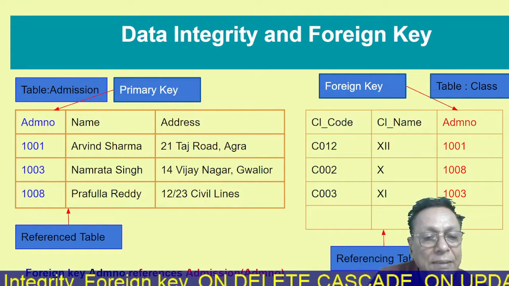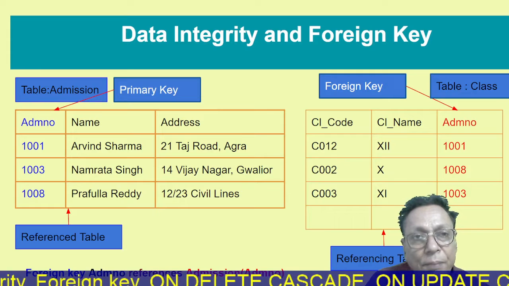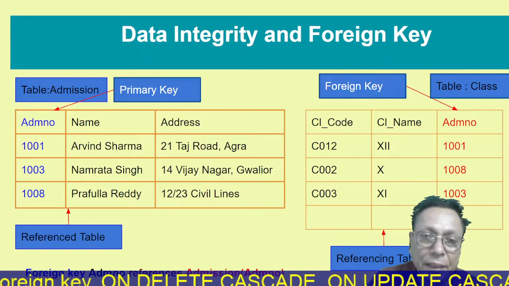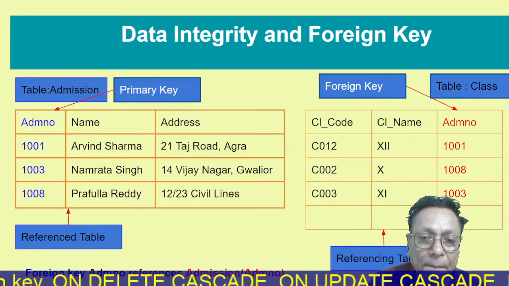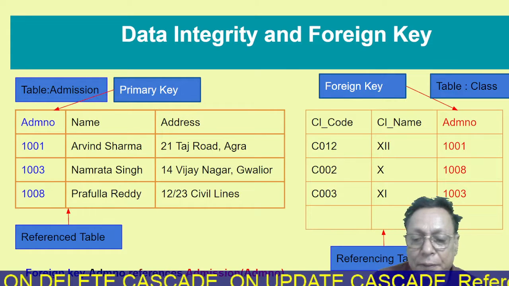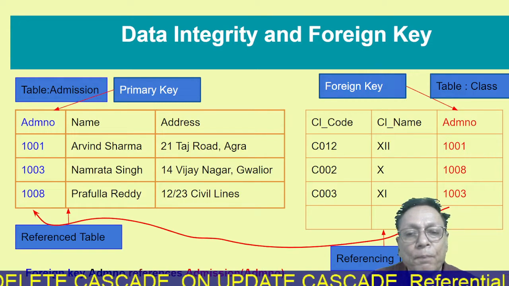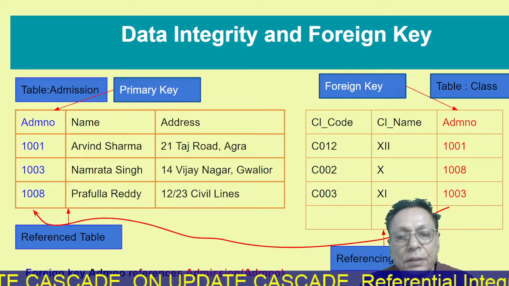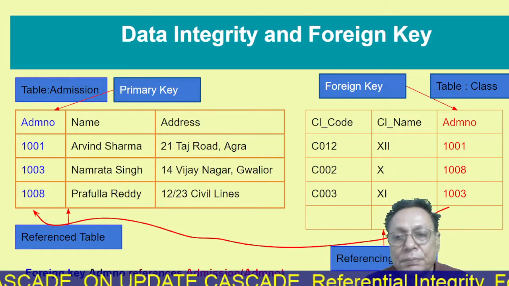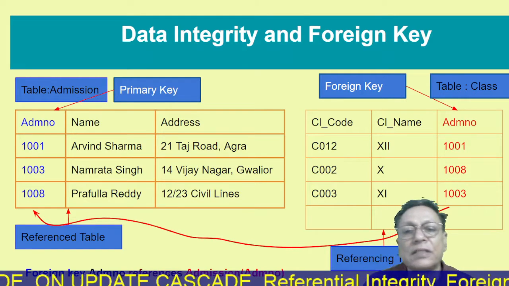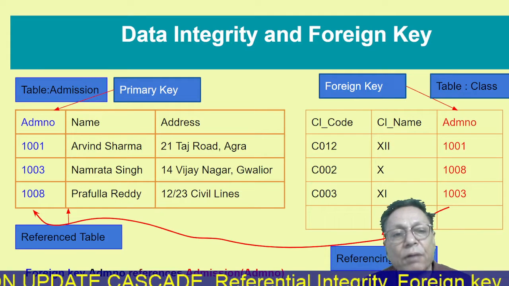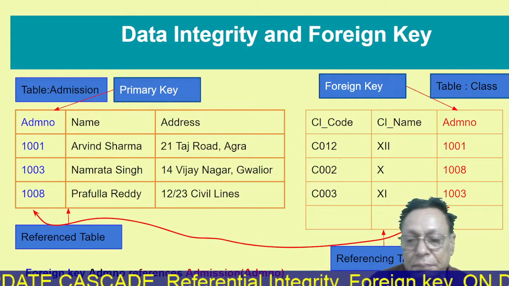So table class is taking its reference from the admission number of table admission. Hope it is clear. And this relation can be depicted through this, because the admission number of the class table is getting its reference from table admission.